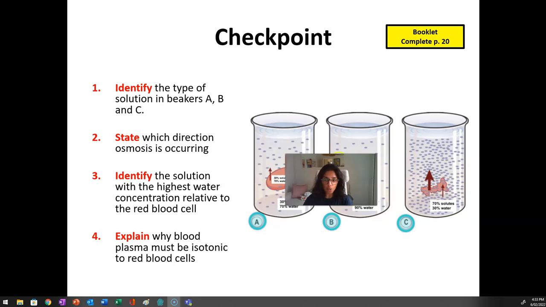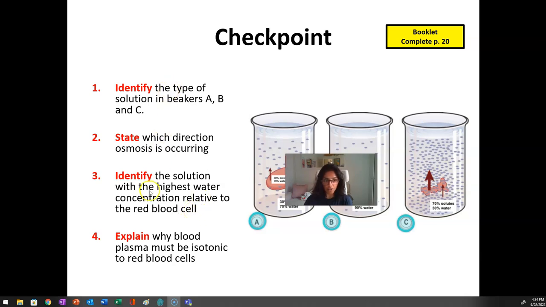For each one of these three beakers, you should be able to state which direction osmosis is occurring in. Is it going to be in, out, or both? You should also be able to identify the solution with the highest water concentration relative to the red blood cell. So when we say relative, we mean in comparison.